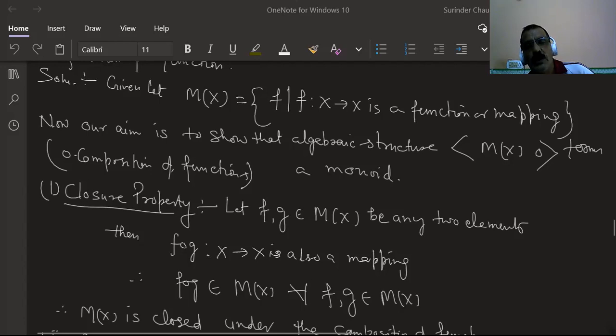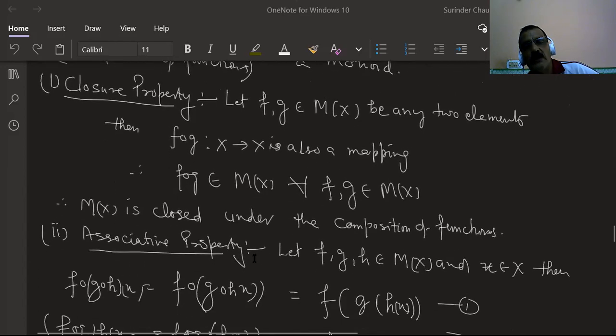Then their composition f of g, a function from X to X, is also a mapping. That is, f of g belongs to Mx for all f, g belongs to Mx. If you take any two elements of Mx, their composition also belongs to Mx. This implies the closure property holds for the composition of functions.